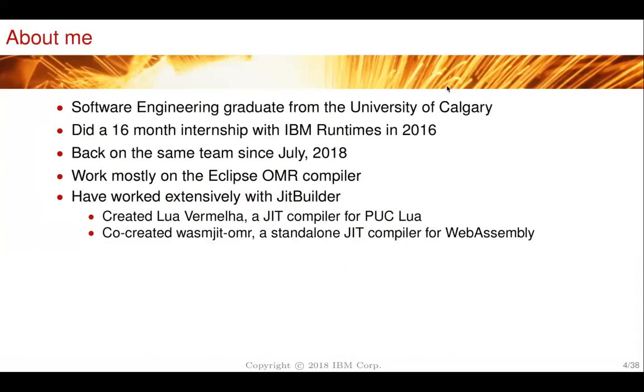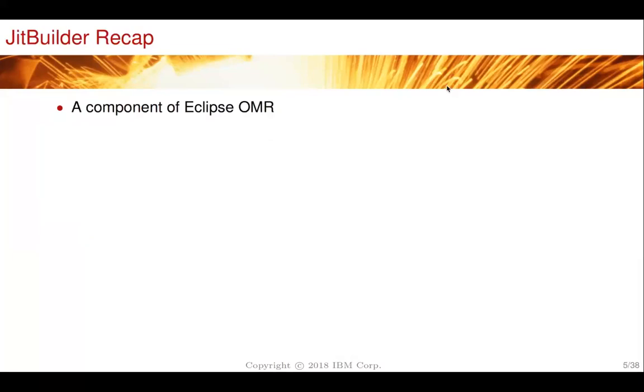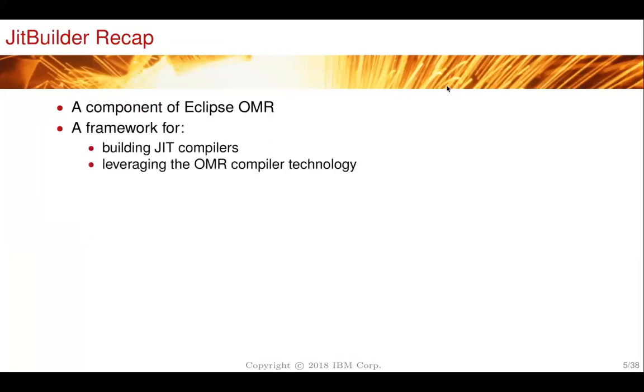So jumping into the meat of this presentation, JitBuilder, at the highest possible level, is a component of Eclipse OMR. It's a framework for building JIT compilers, and that's how we've traditionally thought about it. It allows us to leverage the Eclipse OMR compiler technology.